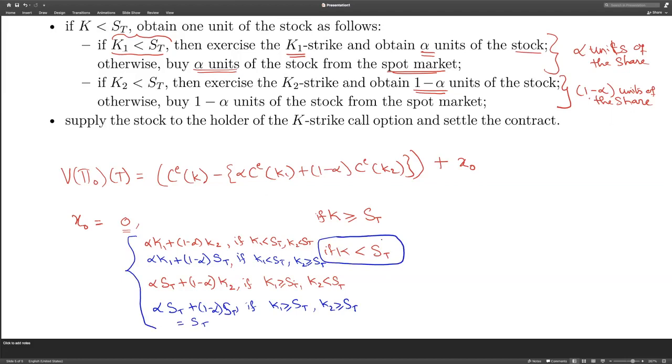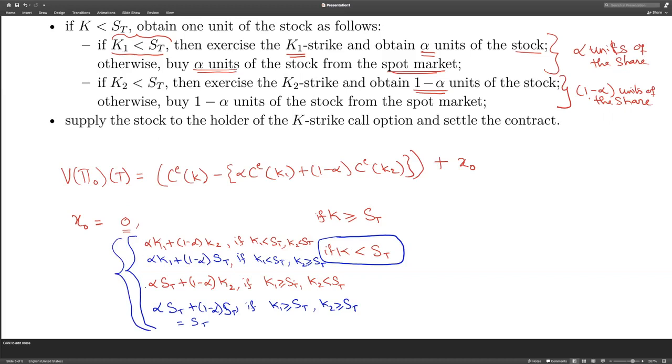If K is less than ST, in your K call option in which you have a short position, the corresponding holder will demand one stock from you by paying K rupees to you. Therefore, you have to somehow arrange that one stock for that person. So how are you arranging that one stock? You are doing this strategy and arranging one stock for that person and getting the money K from them.